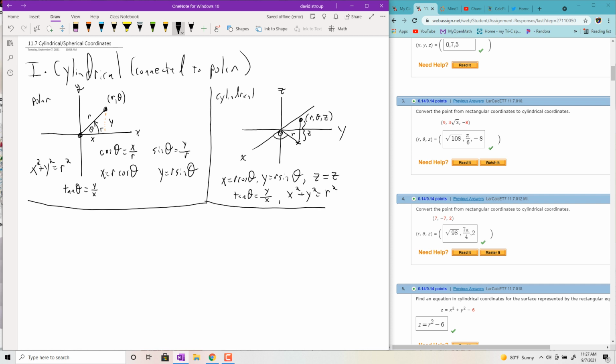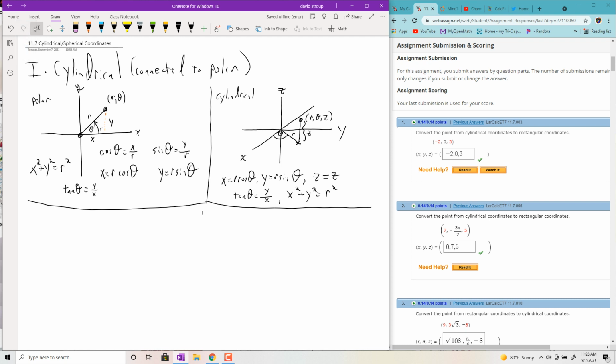Okay. The first kind of problems you'll see in the homework over here to the right will be converting coordinates from cylindrical to rectangular and then vice versa. So first, let's look at going from cylindrical into rectangular.